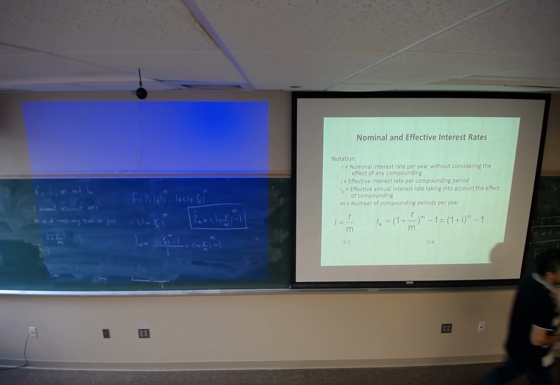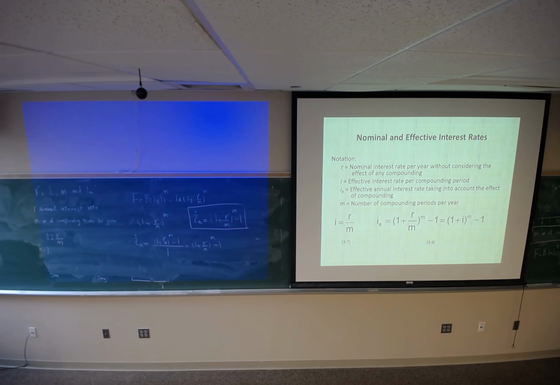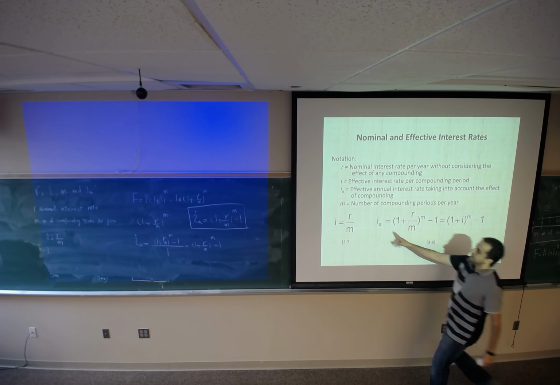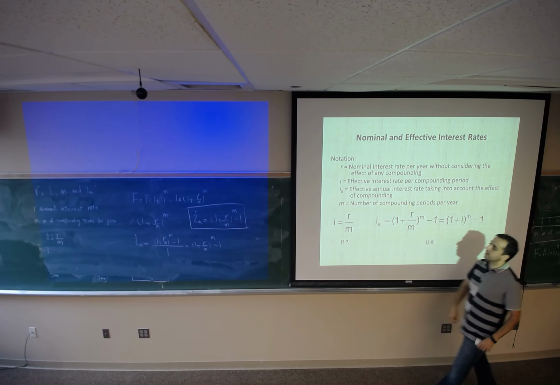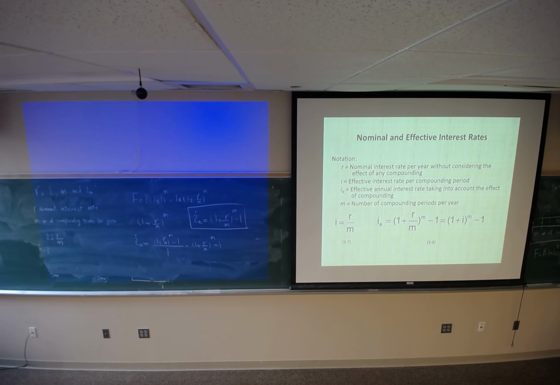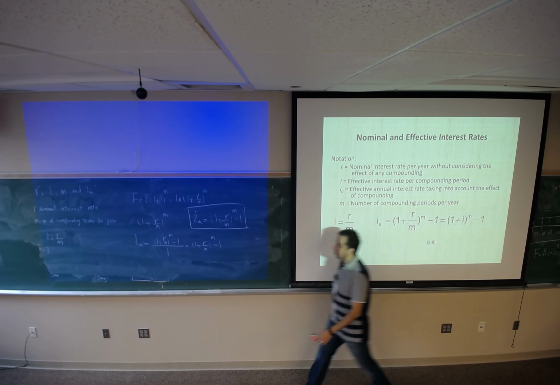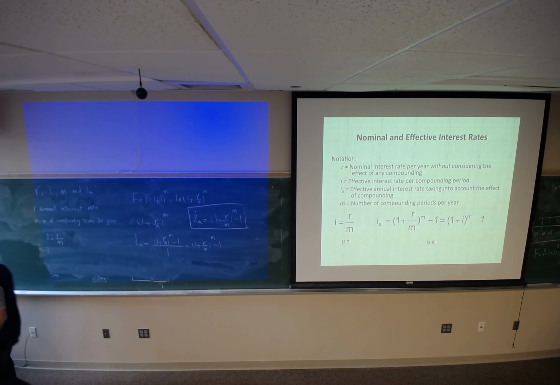So you should know the R. But the thing that is important for you is the effective or the actual interest rate that you will be charged over the periods of the loan, mortgage, or if you invest your money, you want to know how much the effective interest rate would be.